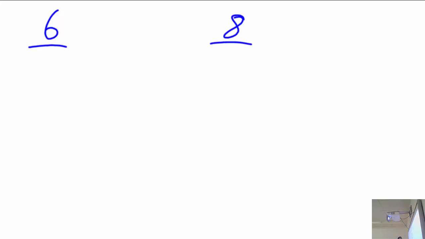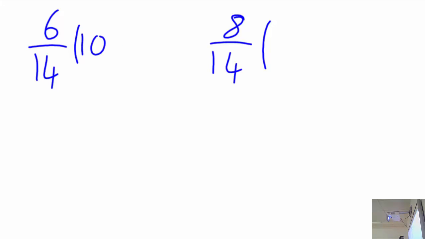So the total is 6 plus 8, which is 14. So there are 14 total options. Open the bracket. I will write down how much money I will get, which is $10. I keep the $10. That's the win. Minus, I'll get the $20. That's the win. And now let's write down the money we will lose, which will be the bet money.